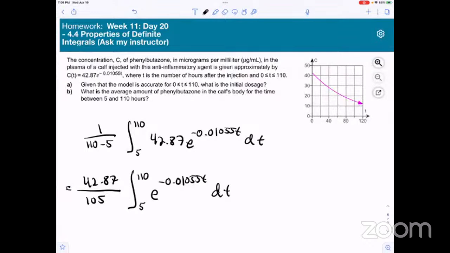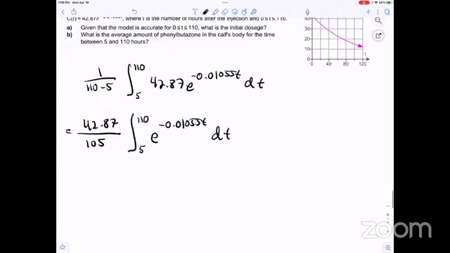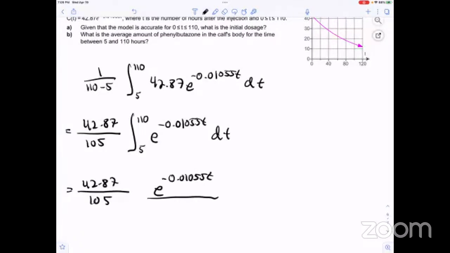So when we integrate this, we should get 42.87 over 105 times e to the negative 0.01055 t, divided by negative 0.01055. Not t, just like this.